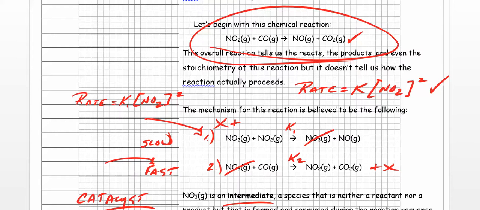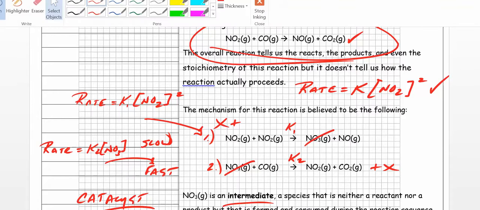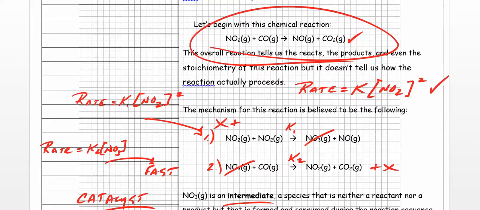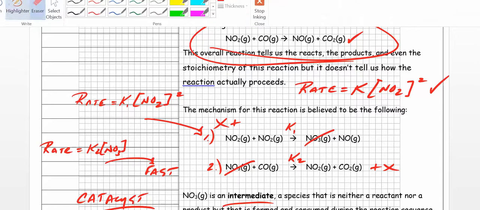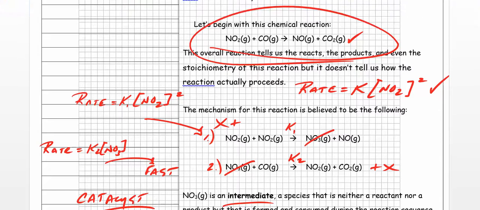Well, as it turns out, we've got two different reactants, NO3 and CO. So we would say rate is equal to K sub 2 times the concentration of NO3 times the concentration of CO. You'll remember, the slow step is the first one.